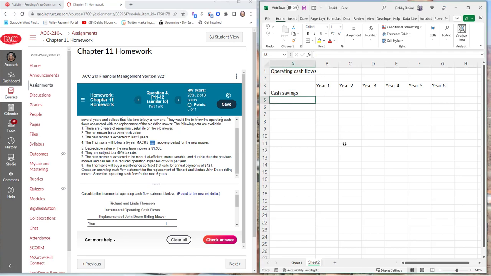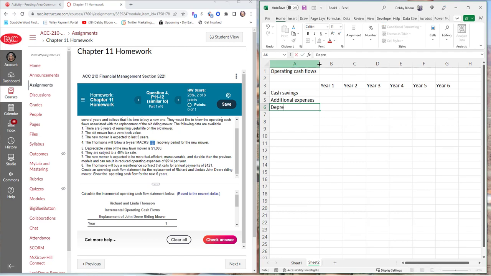After the cash savings, we have our additional cash expenses. Then we subtract depreciation on the new machine because the old machine is fully depreciated. And when we take our cash savings, subtract our additional expenses, subtract our depreciation, we come down to our operating income.